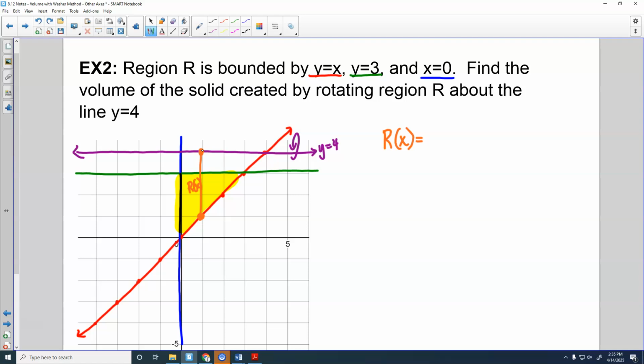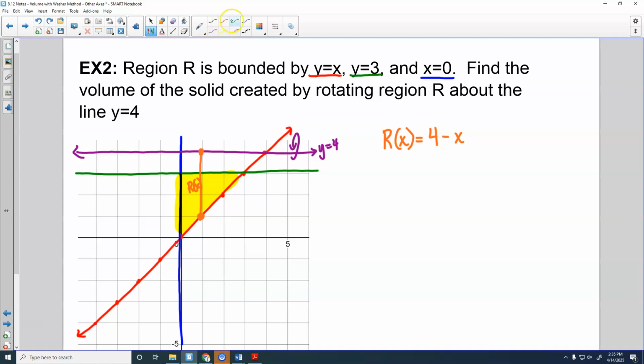What would that one be? It's 4 minus what we're hitting at the bottom. What do we hit at the bottom? Y equals X, so just X. So it's 4 minus X for capital R of X.